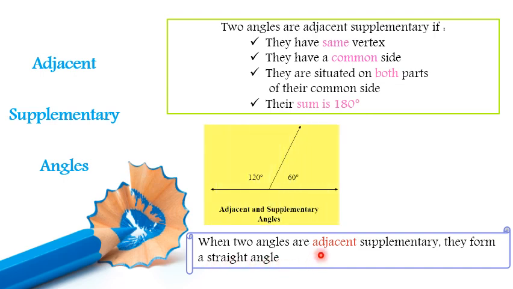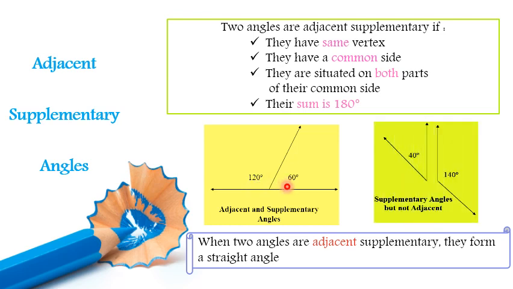Okay dear, here for example, look, a common vertex, a common side, and they are situated on both sides of the common side, so they are adjacent. Their sum, 60 plus 120, equals 180, so they are supplementary, and our angles are adjacent supplementary angles.